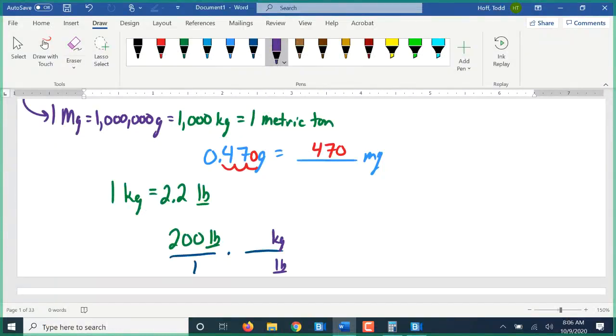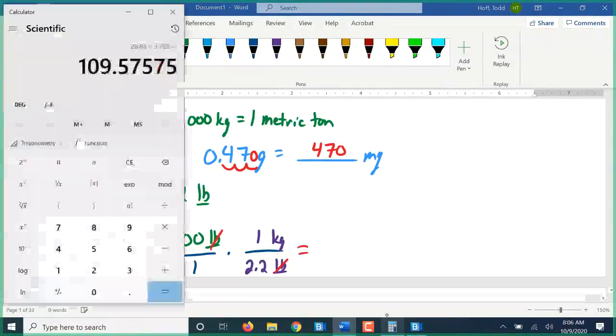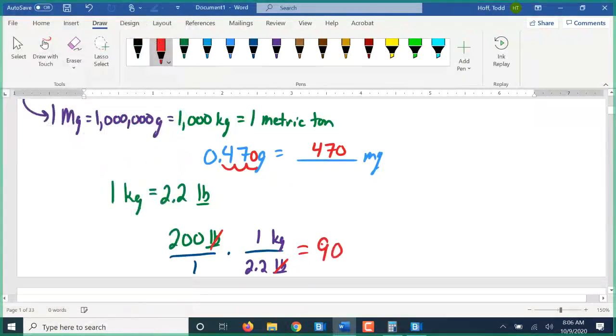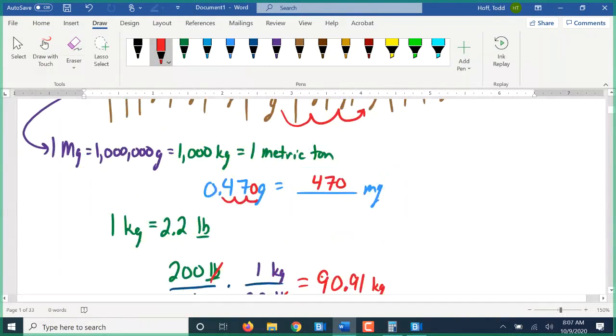Putting that line under it just signifies that that is LB. So 1 kilogram is 2.2 pounds. The pounds cancel out. That's going to be 200 divided by 2.2, which gives us 90.91 kilograms. So you can see that approximate deviation there.